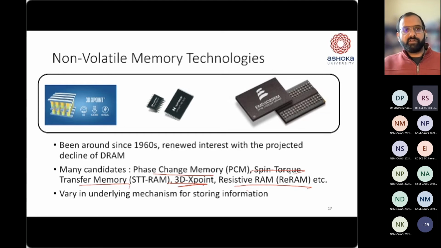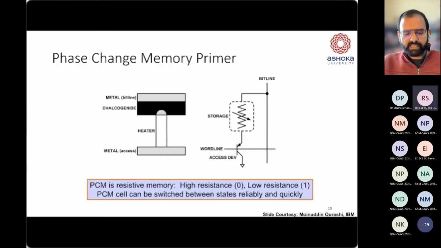The primary differences between these technologies and DRAM and SRAM are, one, they're non-volatile, and two, the mechanism by which they store information, specifically with regards to DRAM, let's say, right?